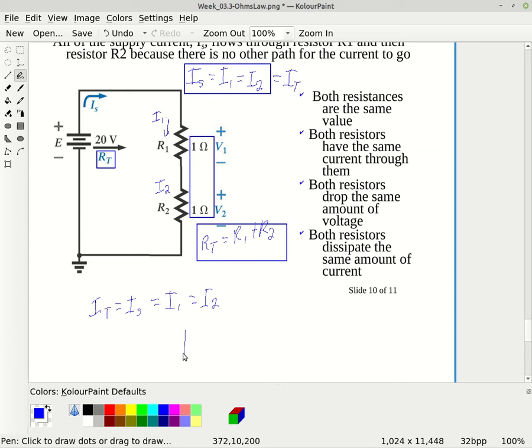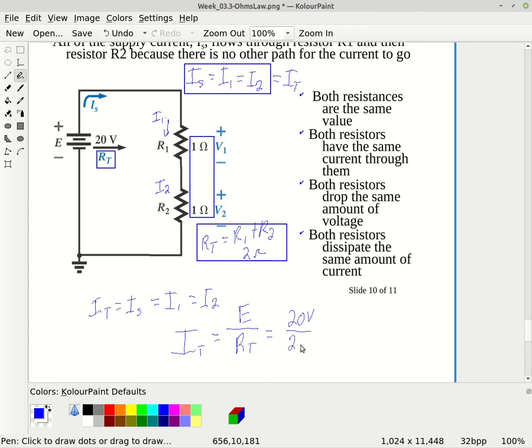So using Ohm's law, we can calculate this total current is equal to the supply voltage divided by the total resistance, which is going to be 20 volts divided by, this is now 2 ohms. The total resistance is 2 ohms.